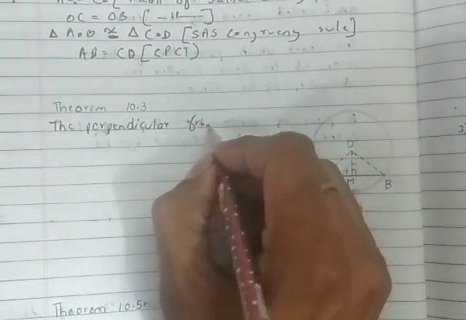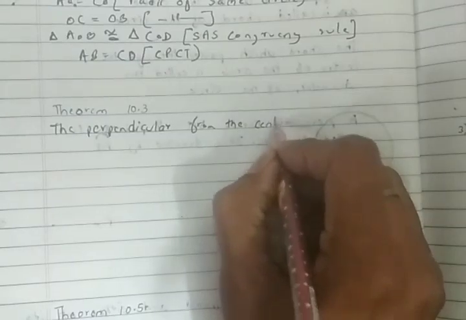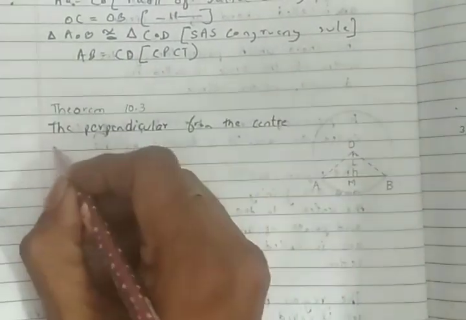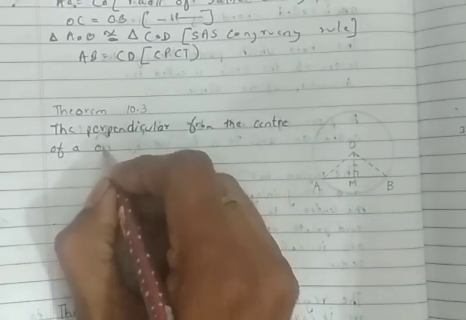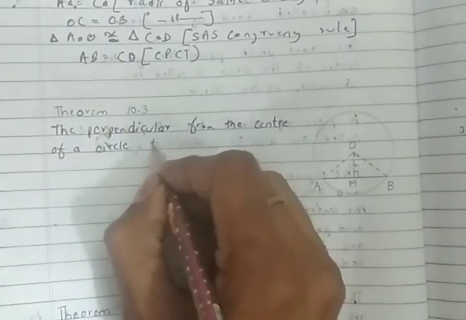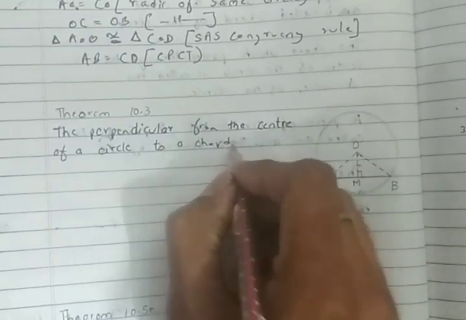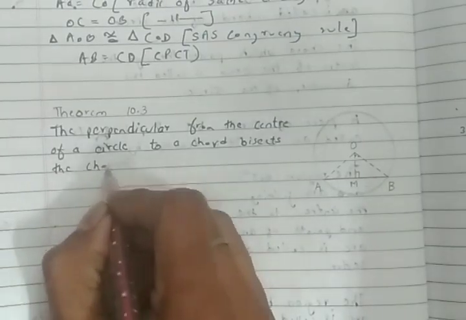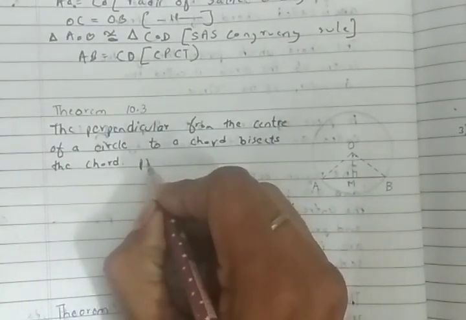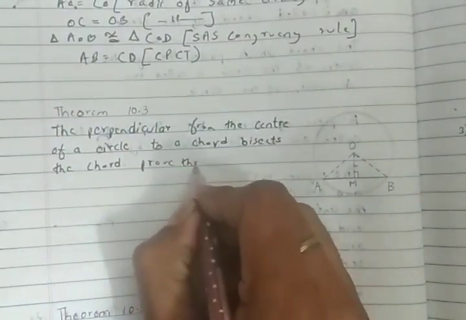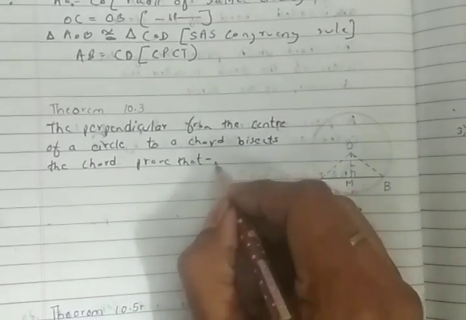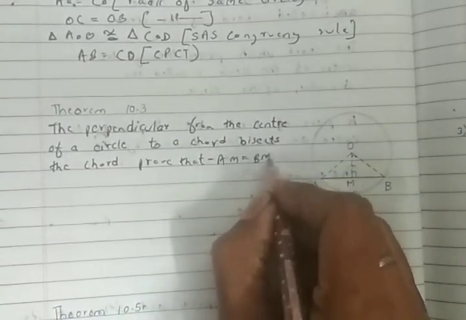The perpendicular from the center of a circle to a chord bisects the chord. Prove that AM equal to BM.